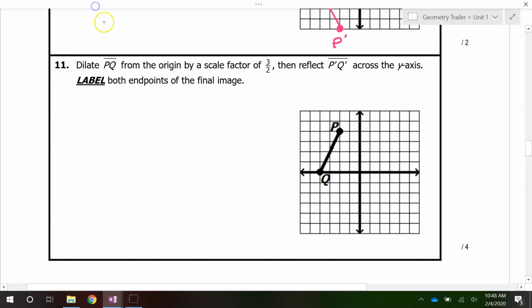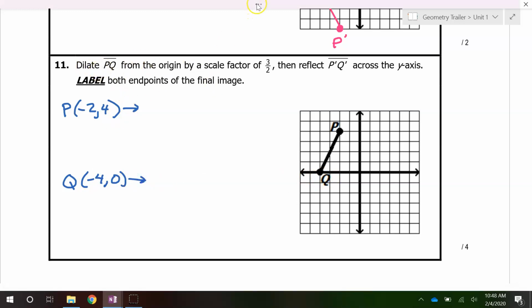Okay, let's start with writing down the coordinates of P and Q. We're going to start with P, which is (-2, 4), and Q, which is (-4, 0). These are the original points.